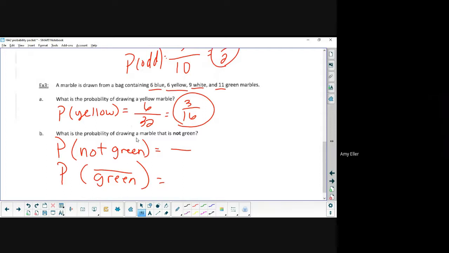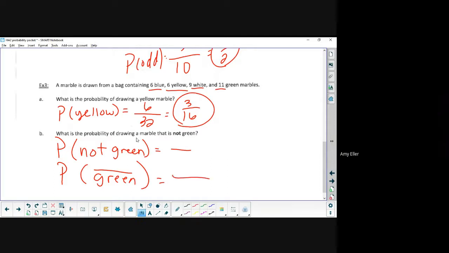It might be written some other ways too. When we get to other lessons, sometimes it's expressed differently. Let's see if I can find any other ways I've seen. I think I've seen this, with like a little C up there, like the complement or the opposite of. But we'll go over that.